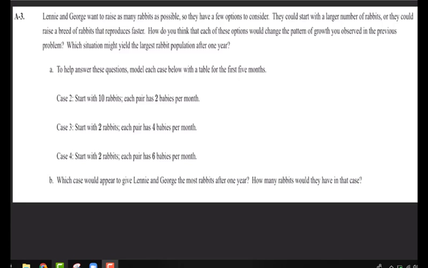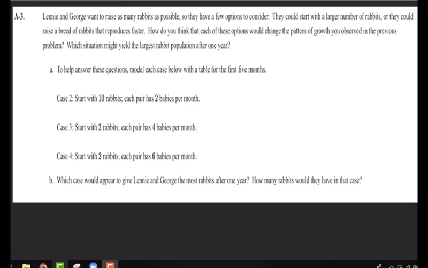So George and Lenny had to think of a scenario when it comes to all of these rabbits, and looking at different breeds of rabbits, they reproduce differently. So they had to come up with a little business strategy to find the right rabbit in order to make the most, to be able to live off the land.